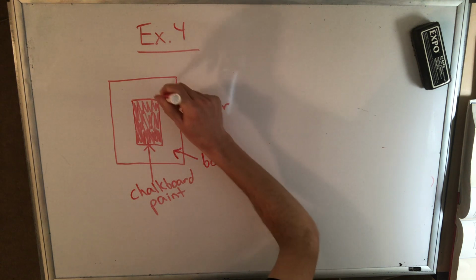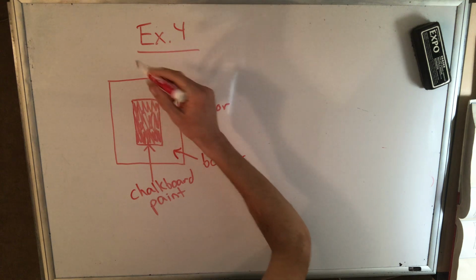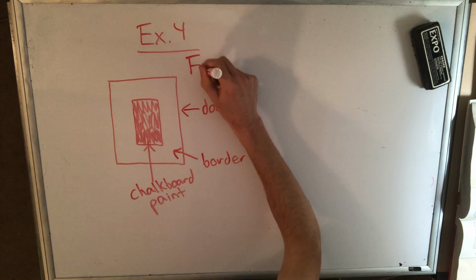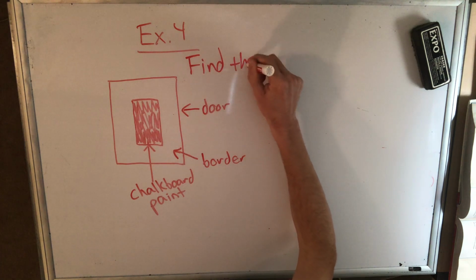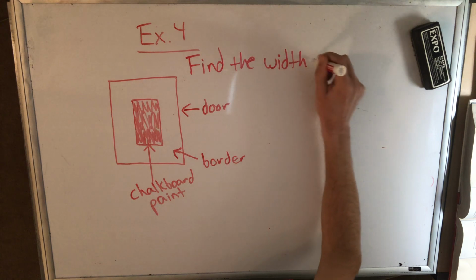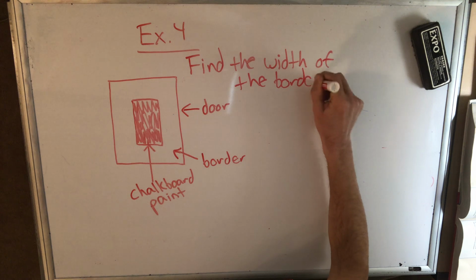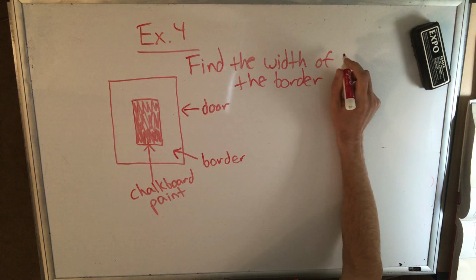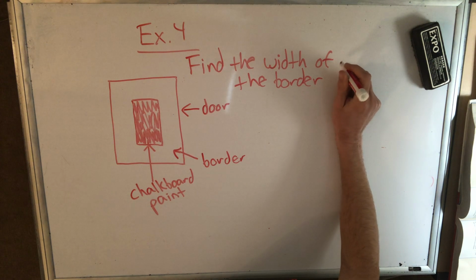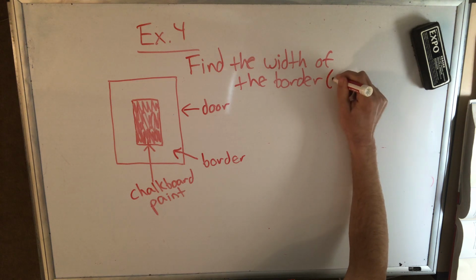So we need to find the width of the border. Represented by, the book uses x, let's use w for width.